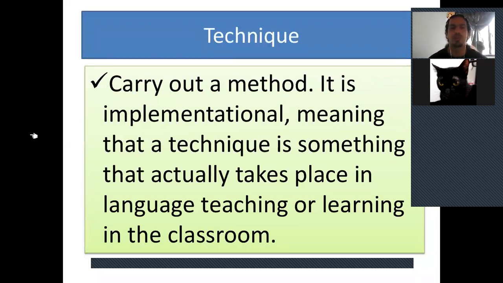Okay, cool. Now the technique is going to be just part of the method, right? But for only one specific activity, for only one specific process, for only one specific objective. So it says over there, it is implementational, meaning that a technique is something that actually takes place in language teaching or learning in the classroom.